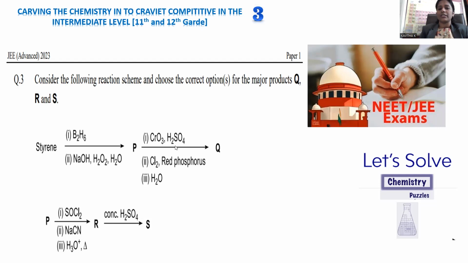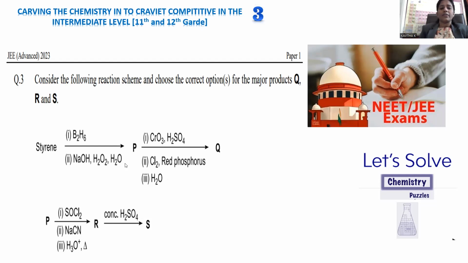This is known as Jones reagent. After this, the next step is chlorination in the presence of red phosphorus. This is called the Hell-Volhard-Zelinsky reaction. And further hydrolysis, water medium is provided. So after all these reactions, P got converted into Q.